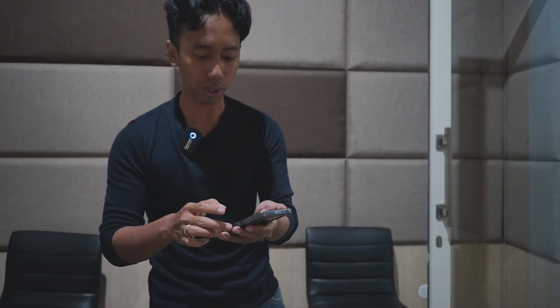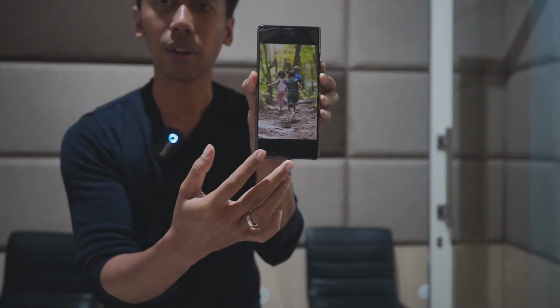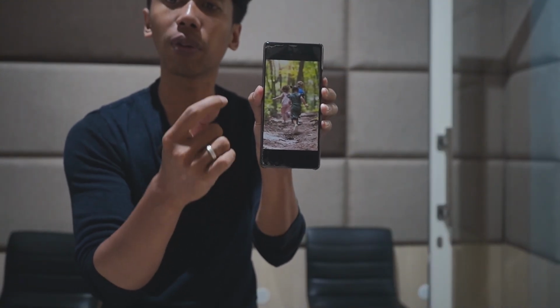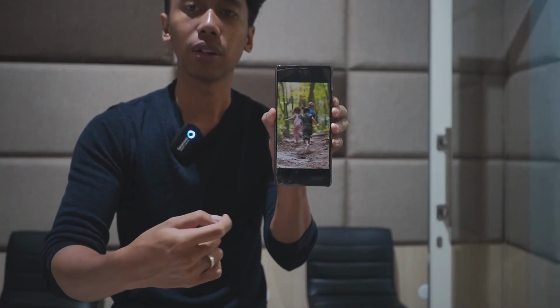I'm going to show you another picture. It's a picture of the boy running into the bushes and trying to escape the tiger. Then the tiger can smell the scent of the boy.